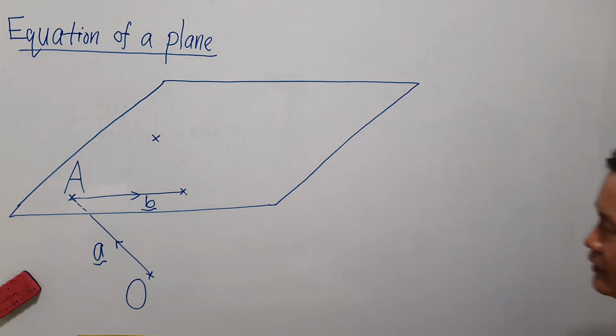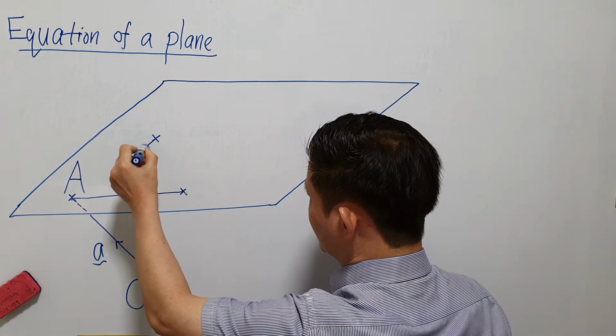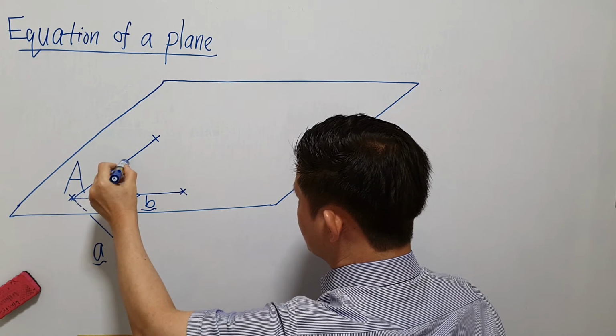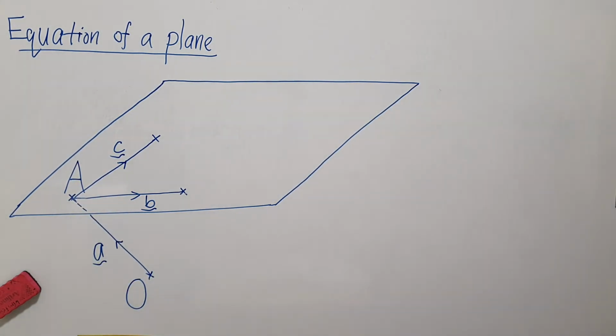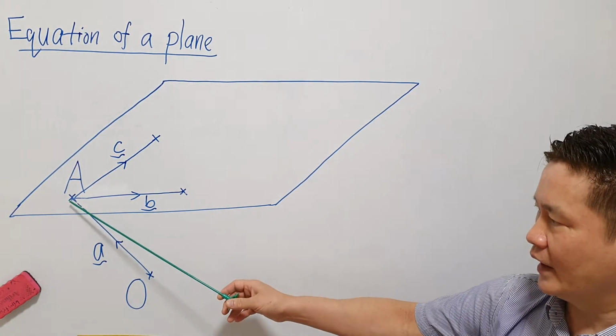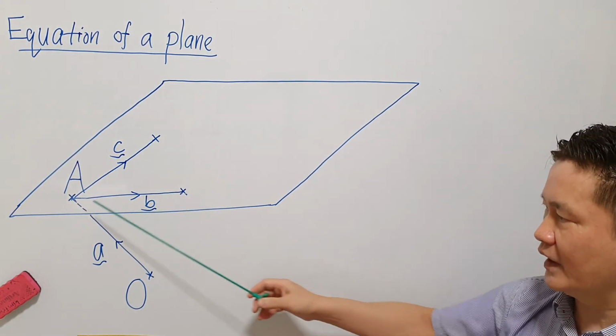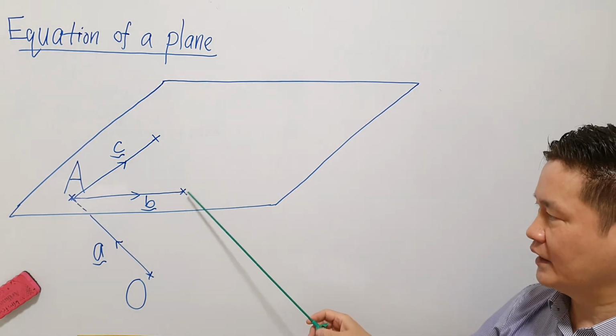And likewise, I want to name this vector as C. So on this plane, I have named only 1 point as A. I named these vectors B and C. I didn't name these 2 points.